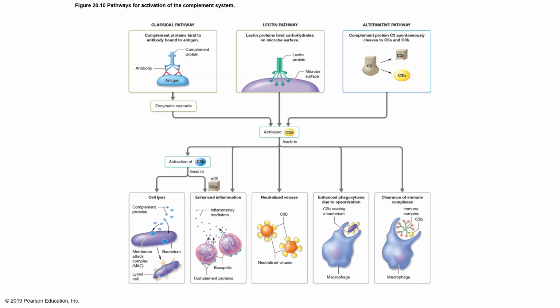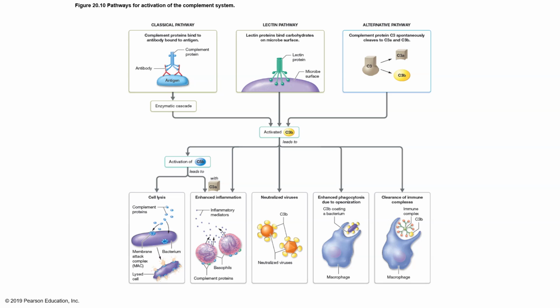That causes an enzyme cascade to be activated, and that then activates a complement protein called C3b. Another activation of C3b is the lectin pathway, in which a lectin protein binds certain carbohydrates on the surface of the microbe.